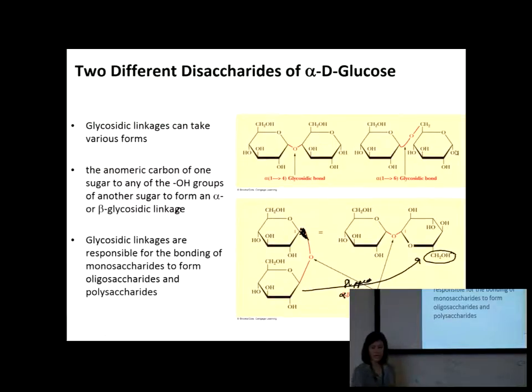So here, we only had one anomeric carbon involved in the glycosidic bond. But in this case, both of them were. Now, I'm going to do a little foreshadowing. Which one, the top or the bottom, would be a reducing sugar?